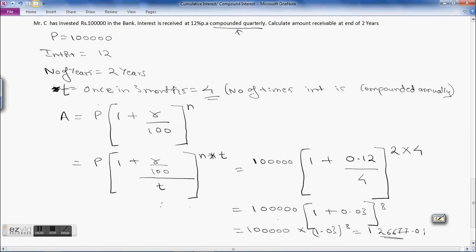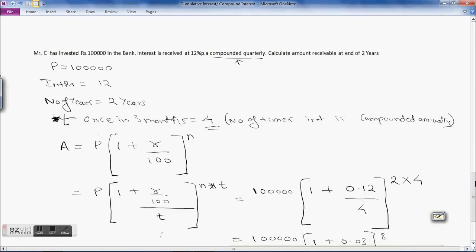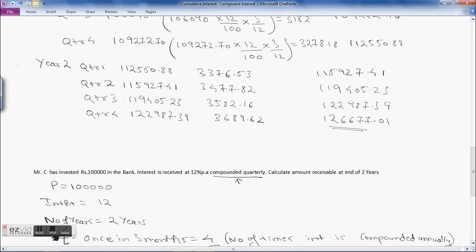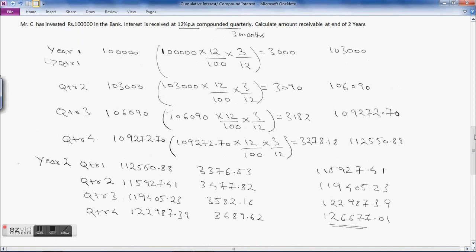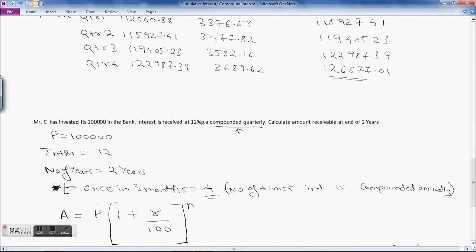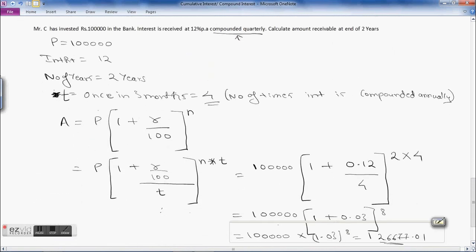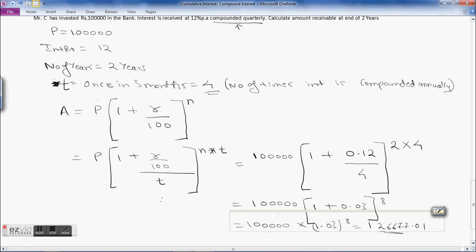Now if you see, this is the same amount as we calculated it here. So it's better to understand the formula instead of just by hearting it. Now in the same example we'll try to calculate the interest when the interest is compounded monthly.